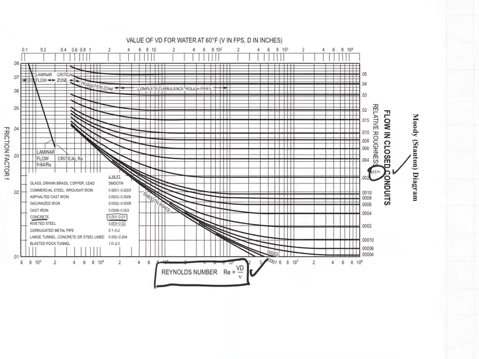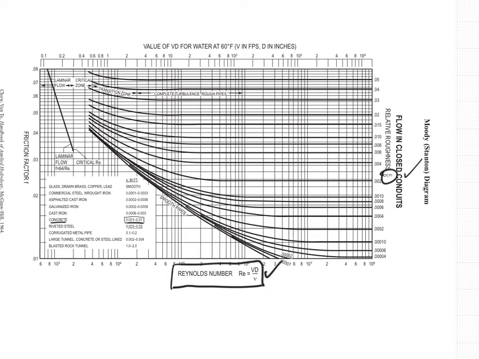Let me zoom out just a midge so we can see. There you go. I like to start with the relative roughness. So 0.001, that's right here. I'm going to try my best to highlight that line. There's that line.